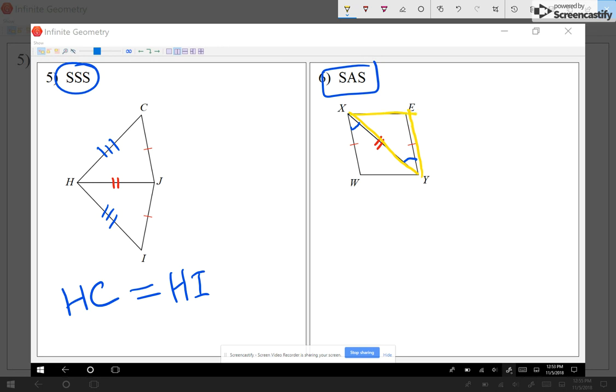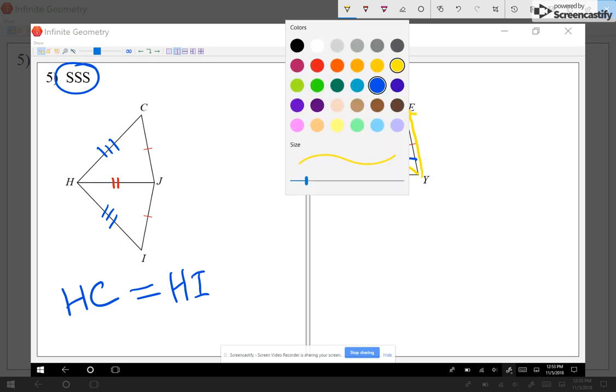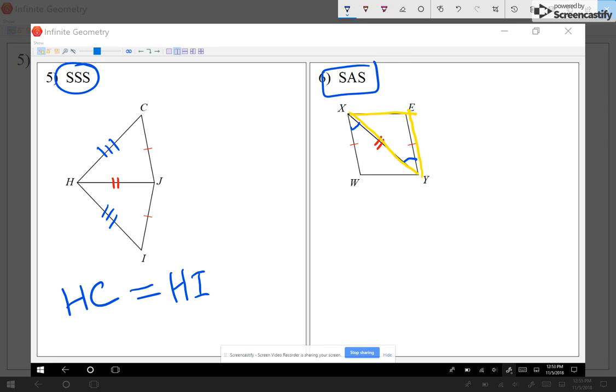When I'm looking at this triangle, the way I'm going to name an angle, I see the angle Y, but there are multiple corners of Y. So I'm not going to be able to use 1 letter. I'm going to use the 3 letters that make that triangle, but I'm going to leave Y in the middle. So I'm going to say YXY equals, now when I look at the other triangle, I see I need to leave X in the middle. So I'm going to call it WXY. That makes sense?